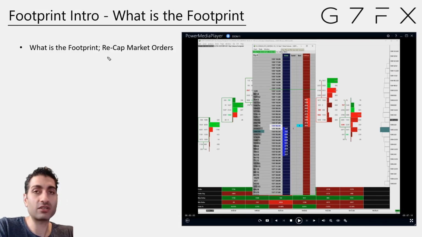So, how are we going to prove to ourselves that the footprint is just a different incarnation of the raw data that you're seeing and nothing else? It's not manipulating the raw data, is my point. We're not averaging things out, we're not creating lags.